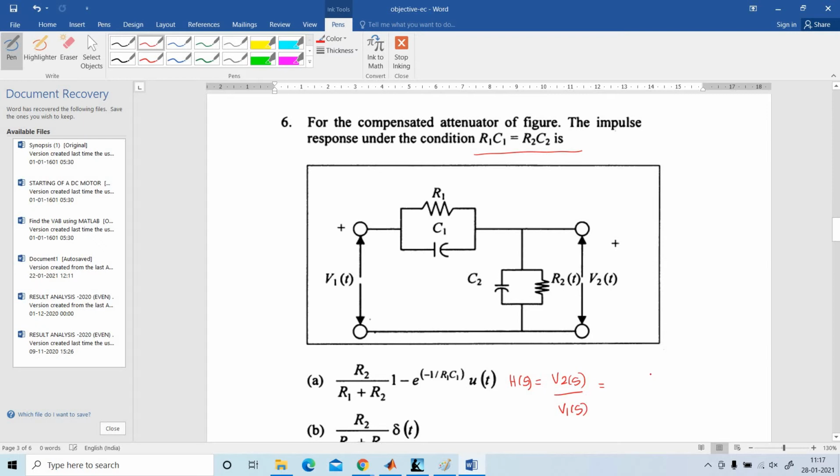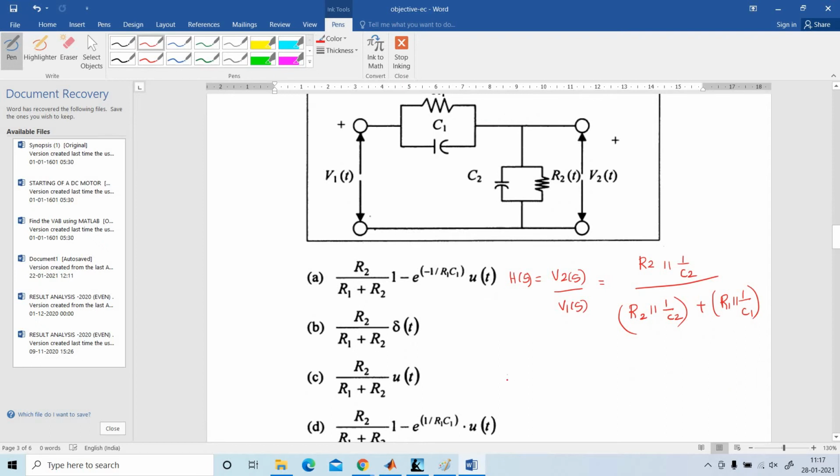So first write V2 of S, that is R2 parallel 1 by C2, here R2 parallel 1 by C2, plus R1 parallel 1 by C1.